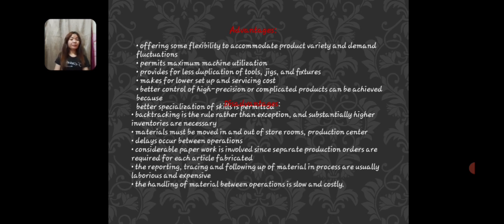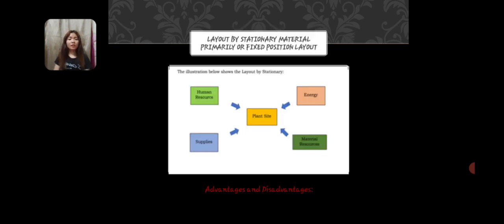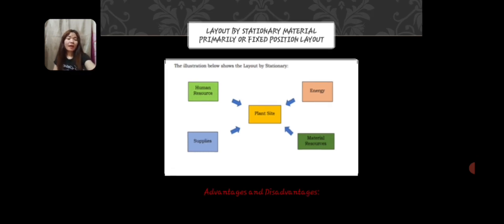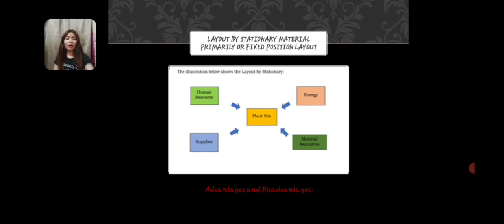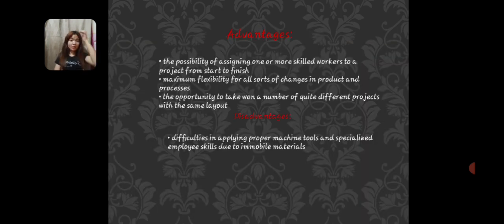So it is slow. Next is the example of layout by stationary material. The plant site is in the middle, with energy, material, supplies, and human resources. The advantages are the possibility of assigning one or more skilled workers to a project from start to finish.